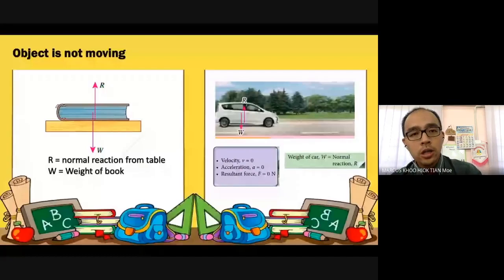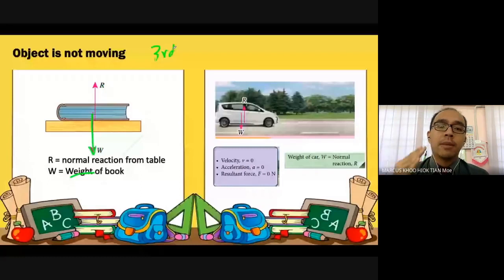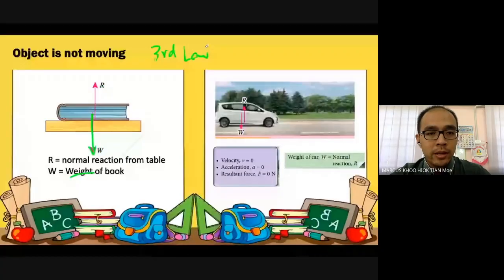But according to Newton's third law, every action must have an equal and opposite reaction. So the weight is the force downwards, and the reaction force has the same magnitude as the weight. If the weight is, let's say, 10 newtons, the reaction force is also 10 newtons. Then it is balanced.